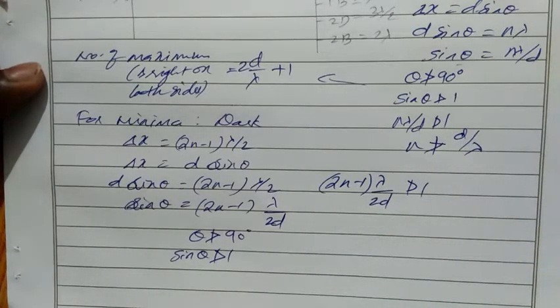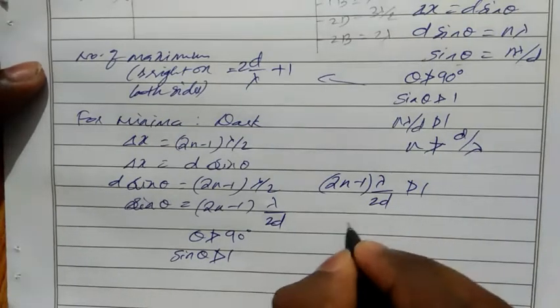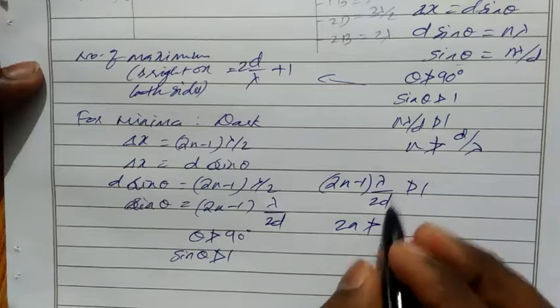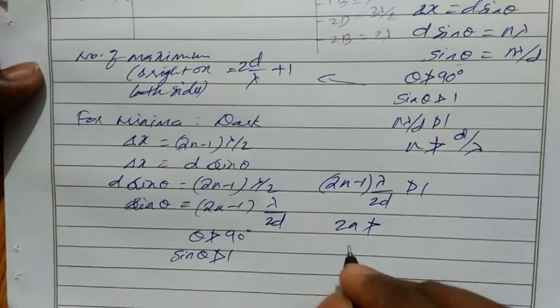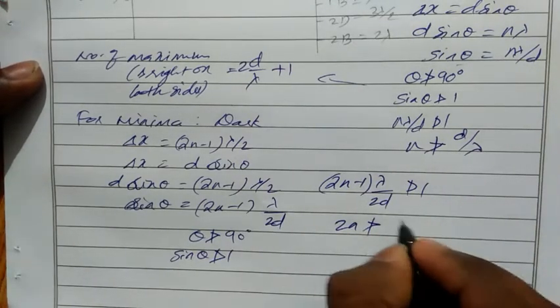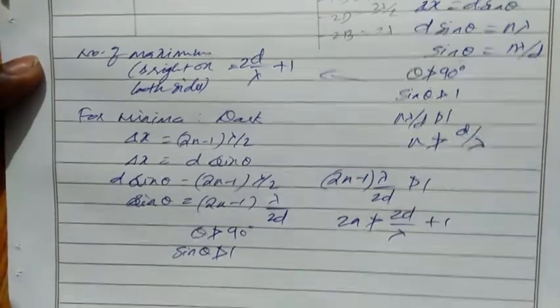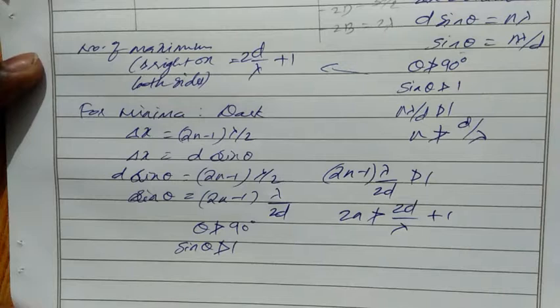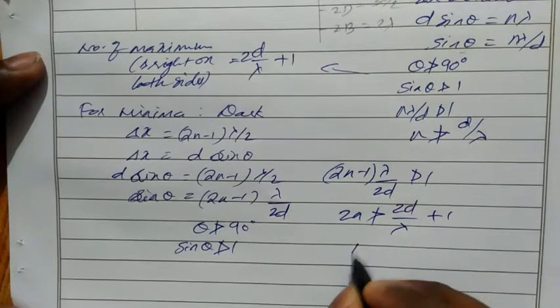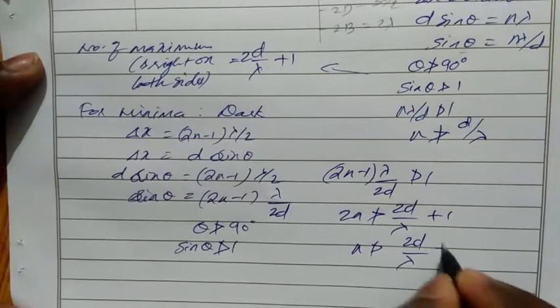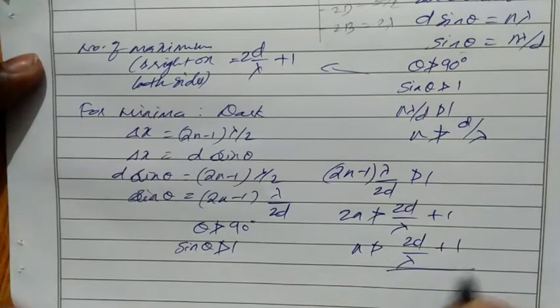Our purpose is to find the n value. So I take 2n cannot exceed, the rest of the terms go to the right hand side. Lambda by 2d goes to the right hand side as 2d by lambda, minus 1 goes to the right hand side as plus 1. Then our n value cannot exceed (2d by lambda plus 1) whole divided by 2.